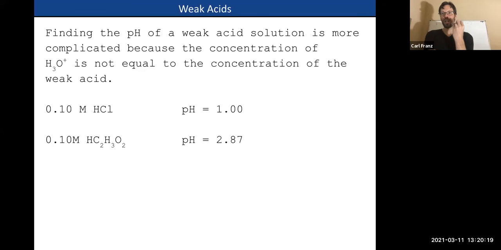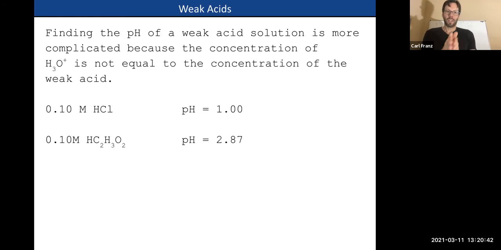So if you have a certain number of weak acid molecules, only part of them are going to be liberated to form hydronium, right? So the hydronium concentration is going to be less, to some degree, than the concentration of the weak acid itself.